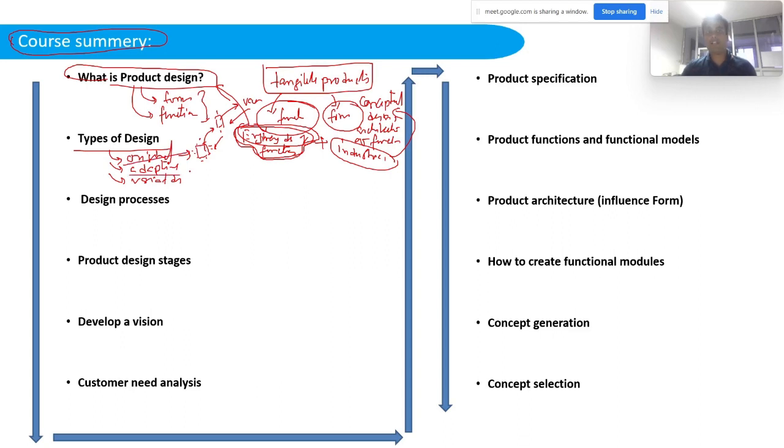Then adaptive design means you use the original design and try to use it for a different purpose. A microchip can be used for a CD player, a TV, a refrigerator, a washing machine. So these are adaptive designs. Variant design is when we have two products, but there's a change in specifications only, for example, two washing machines, where now we have an incremental design with better specifications.